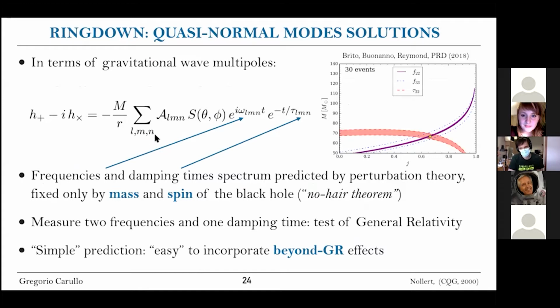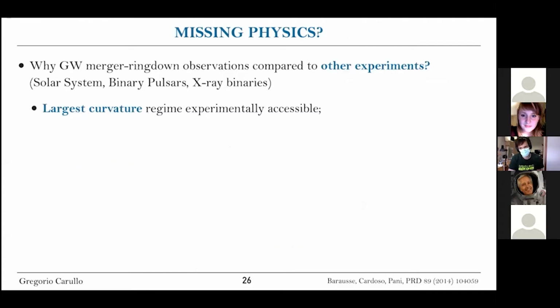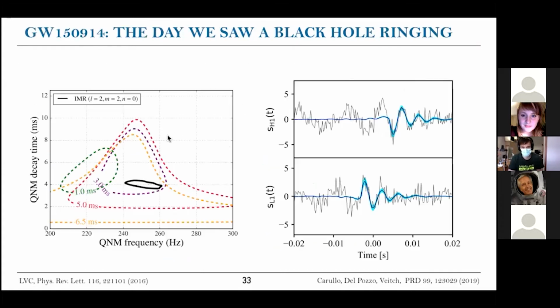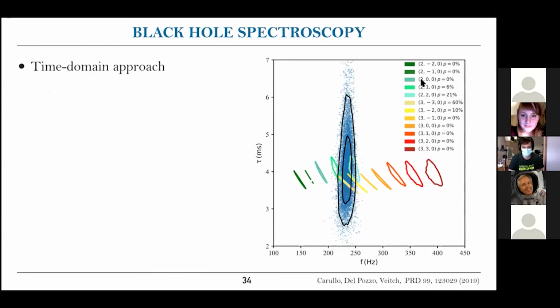The N equal 0 would be essentially the fundamental harmonic. So in this plot I'm showing only the fundamental harmonics. And so this L equal 2, this green blue part of the spectrum, is the dominant quadrupole, while the yellowish red part is the L equal 3 spectrum. And these are all the different M's coming here. And on the right, you can see the probability that you have identified each mode, essentially. Okay.